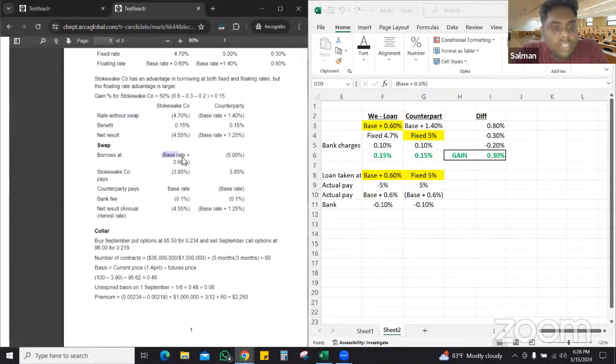As you can see, base rate plus 0.6% is what we are borrowing at. Counterpart borrows at 5%.